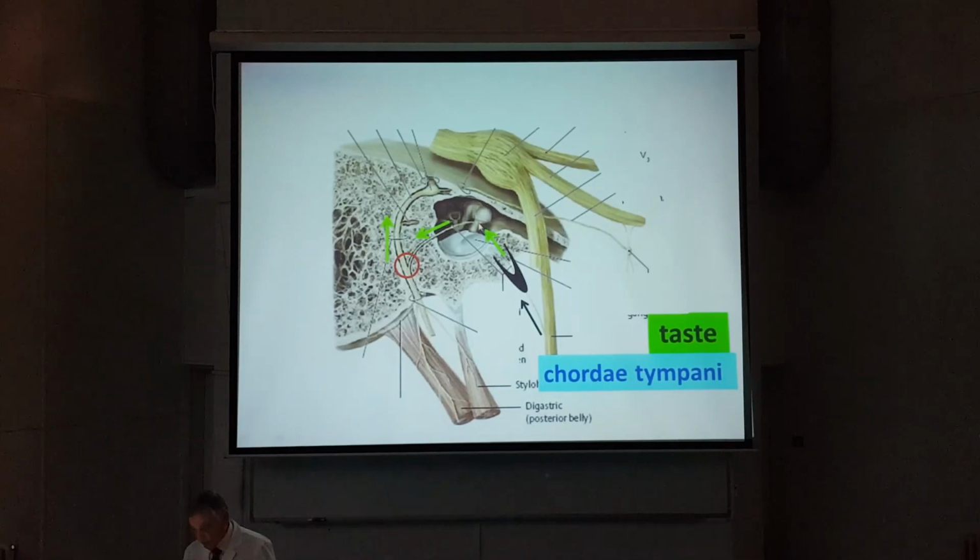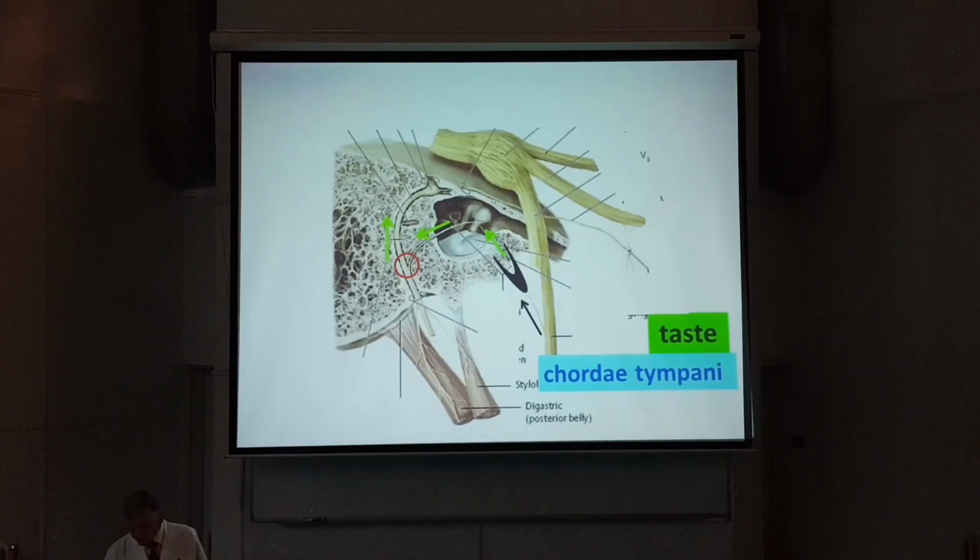This requires a question when you examine the facial nerve. You ask the patient, is taste different? We do not say, has taste disappeared, because the other side is working. Is taste different?